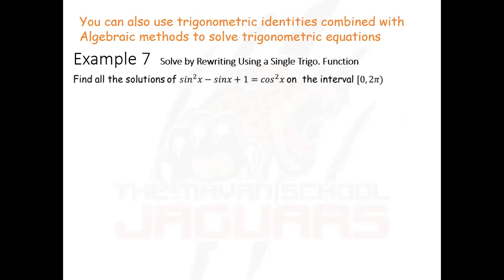Find all the solutions of sine squared of x minus sine of x plus 1 equals cosine squared of x on the interval from 0 to 2 pi. And you notice in here we have something raised to the second power. We have sine squared, cosine squared, and we have a sine.